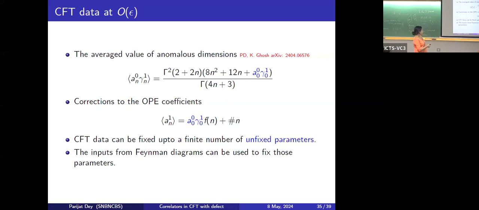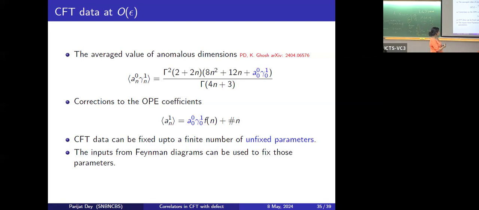Okay, so that's what we can fix from bootstrap, but at this level, if we want to fix these, we have to use input from some other theory. So here comes the role of the Lagrangian. If we want to really connect it to the theory that we are considering, then we have to compute this from the Feynman diagrams of the specific theory, and then we can use that to determine the spectrum.